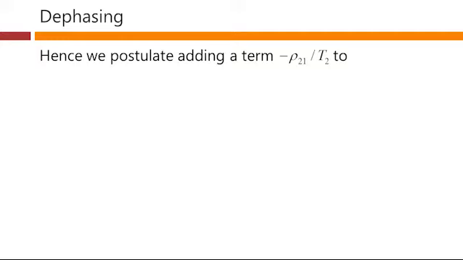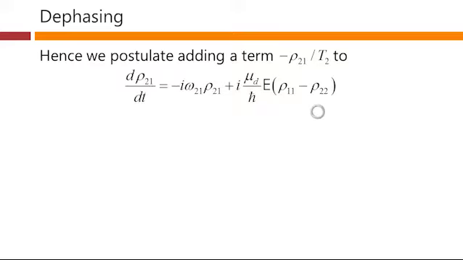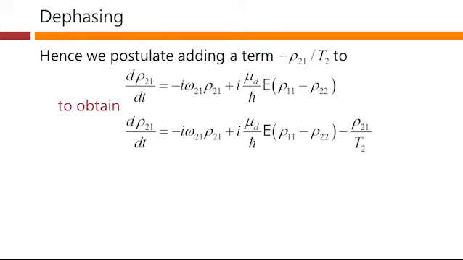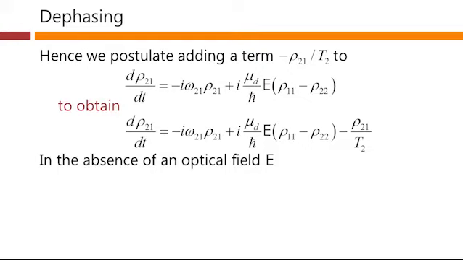Hence, similarly, we postulate adding a term like this to the equation we had for the rate of change of rho 21. Then we would obtain instead an equation like this one. So we've added in this term, we just made this up, postulated that this might be a good way to understand what happens in these systems. If we were to turn off the optical field here, this term would be 0, and then d rho 21 by dt would have a minus i omega 21 rho 21 in it, and then a minus rho 21 over T2.